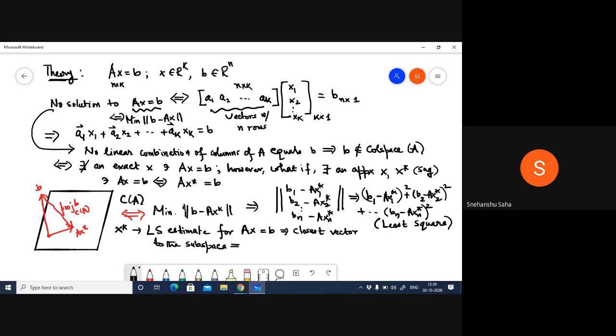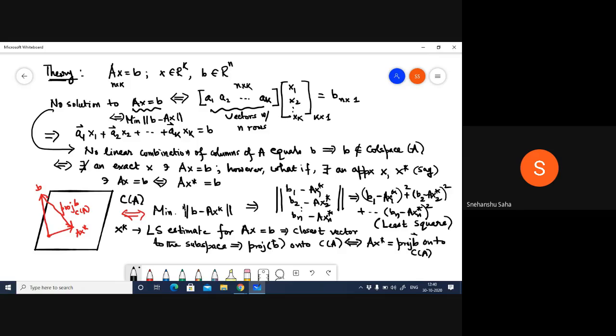This also implies that I'm projecting B onto the column space of A. Now, what this means is that your AX star, which you are trying to approximate, is nothing but the projection of B onto your column space of A, correct?